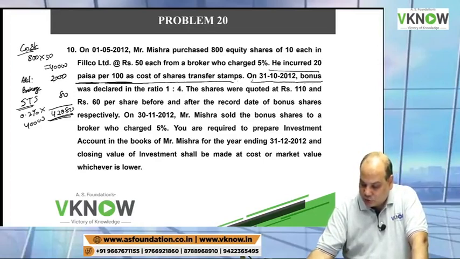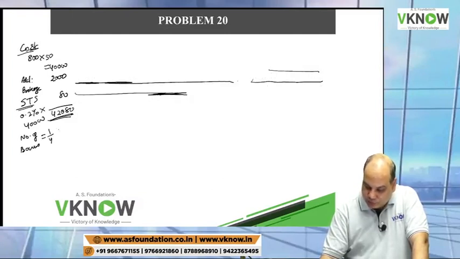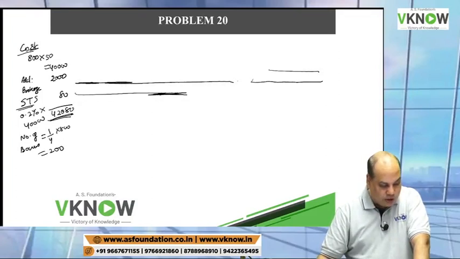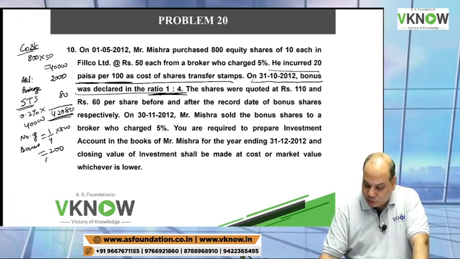On 31st October, bonus share was declared in the ratio of 1:4. So number of bonus share received is 1/4 into 800. That is 200. Bonus share received 200 bonus shares.